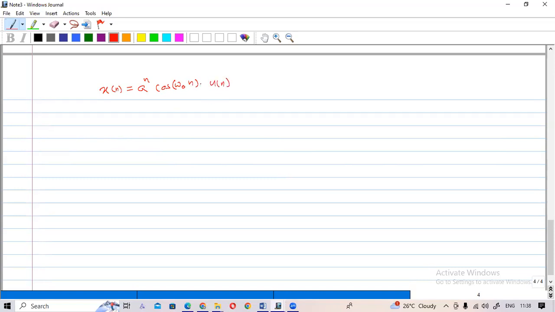This kind of signal is given. Here u of n indicates the range of the n values. You know that u of n is somewhat like this: it is from 0 to infinity, and all values are 1. So if you multiply this sample and this sample, the cos sample is somewhat like this.